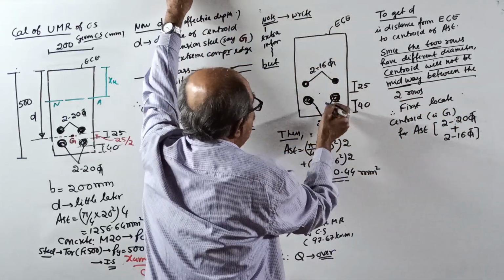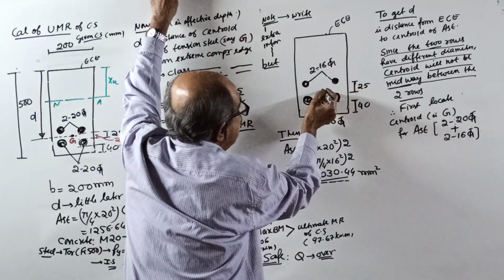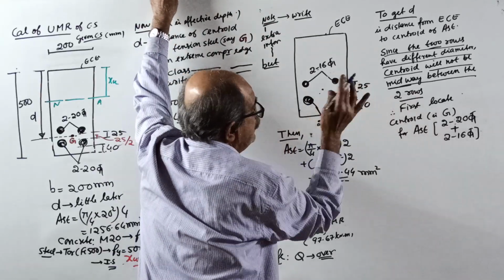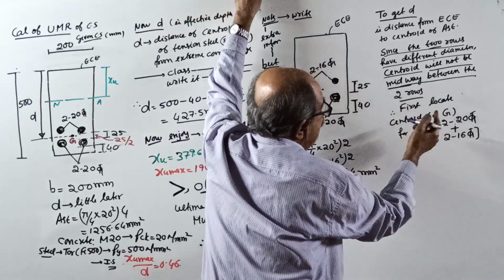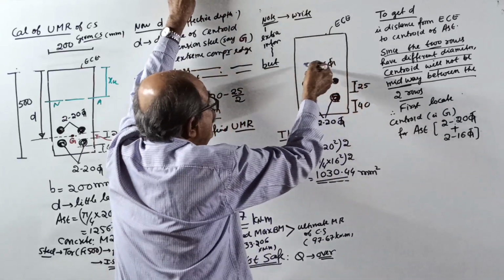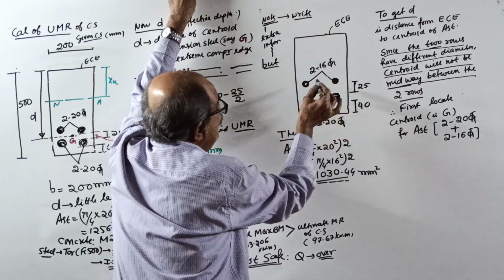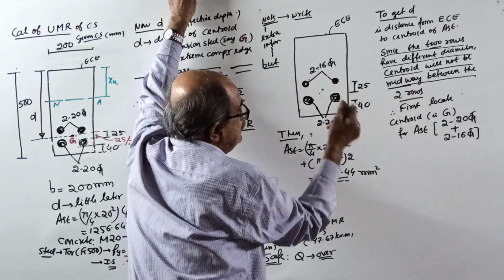Centroid is not 12.5, 12.5. Therefore, first locate centroid G for this full AST. How? For 2 of 20 and 2 of 16, locate CG.